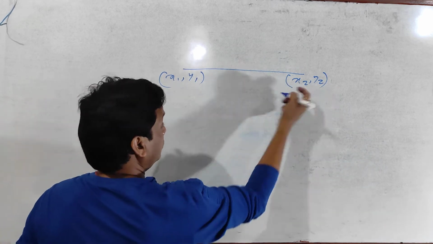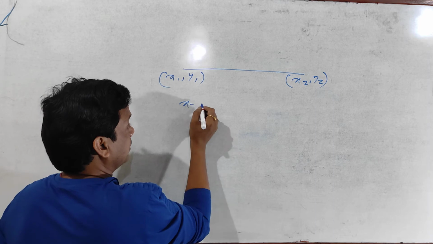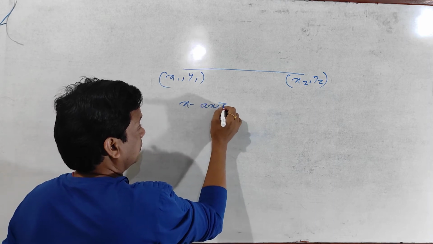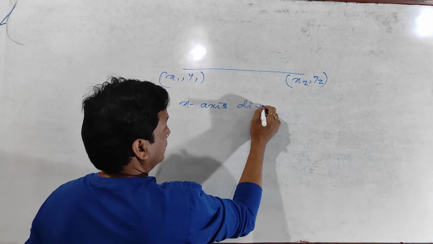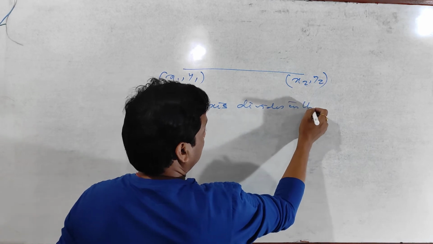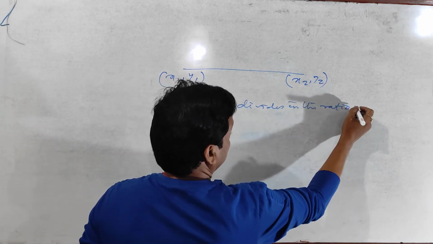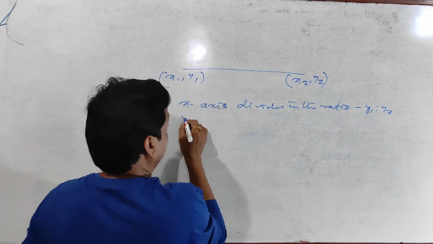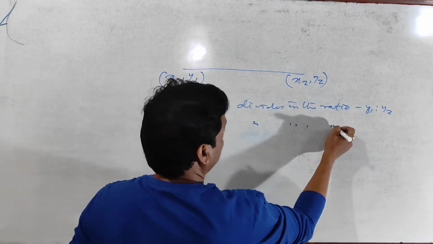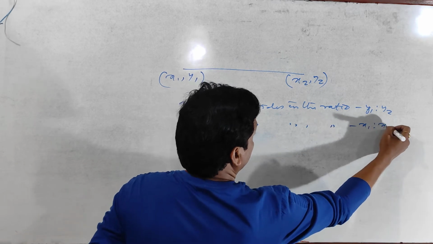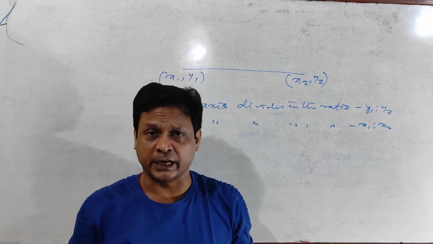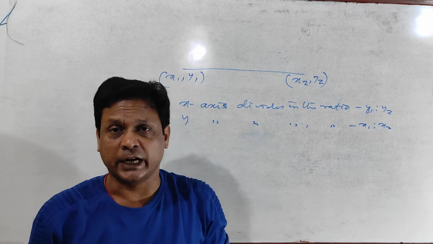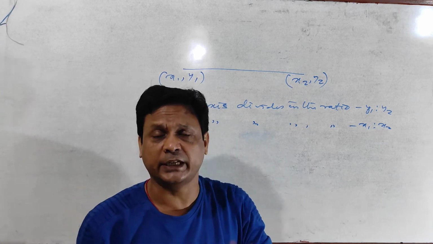So the x-axis divides in the ratio minus y1 is to y2, and the y-axis divides in the ratio minus x1 is to x2. And if a negative sign is there, then it divides externally. If a positive sign is there, then it divides internally.